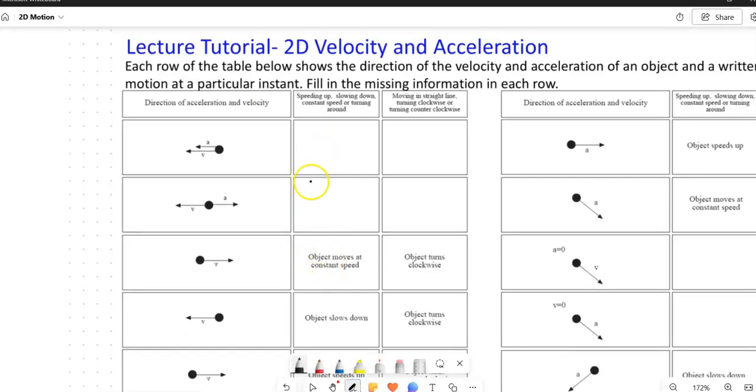I'm going to write that here: speed up in negative x direction. You don't need to write that part, but I am. Now, is it moving in a straight line, turning clockwise or counterclockwise? Since there is no acceleration vector perpendicular to the velocity vector, it will be moving in a straight line.